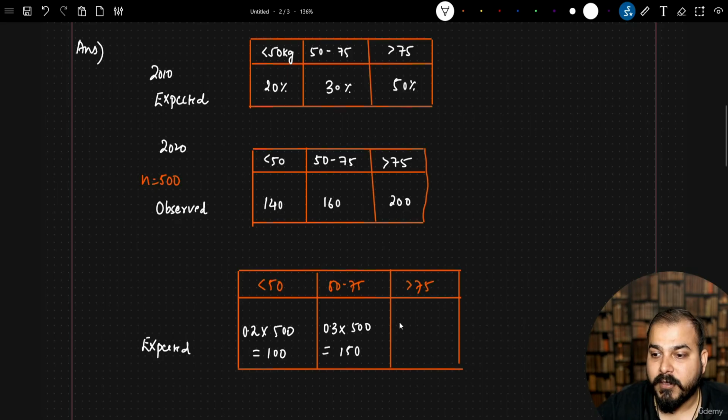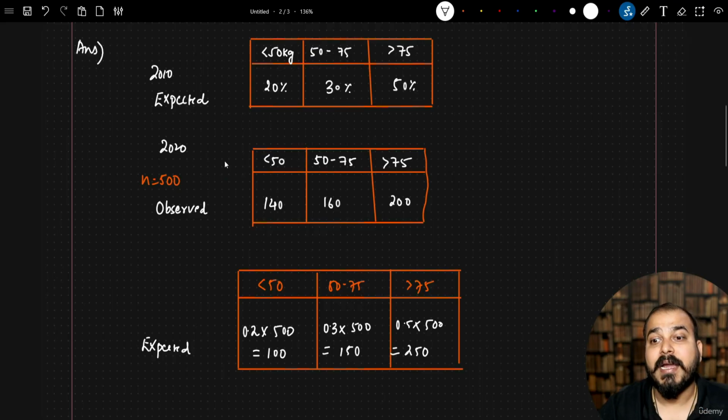And finally, it was 50%, so I will multiply with 500. So the total I'm going to get is 250. Now this is my expected information based on this sample, considering the 2010 census. Now based on this problem statement, I'm going to apply a chi-square test and find out whether there is a difference between 2010 and 2020 census with respect to the observation of weights.